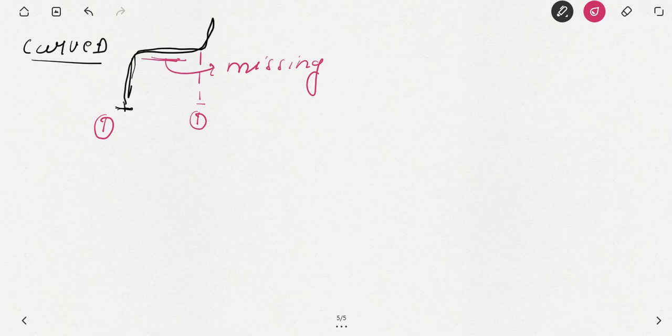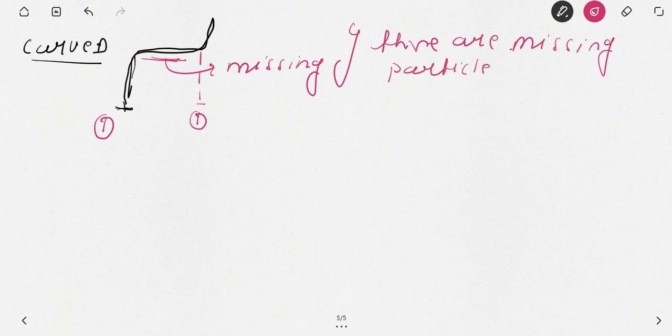So there are missing particle sizes. This range is completely missed by this curve, and that can be considered gap graded.